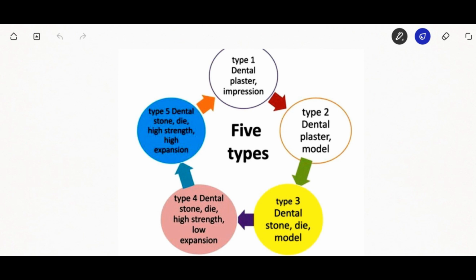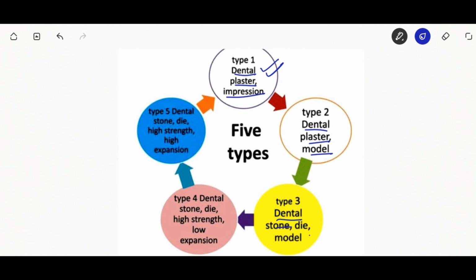Now what are the five types of gypsum? We classify gypsum into five types: type 1, type 2, type 3, type 4, and type 5. Type 1 is dental plaster, also known as impression plaster.